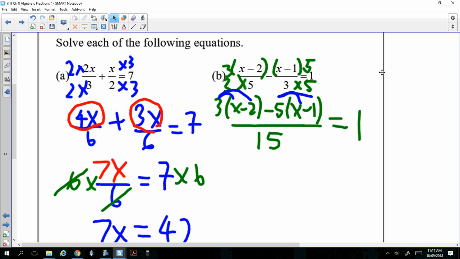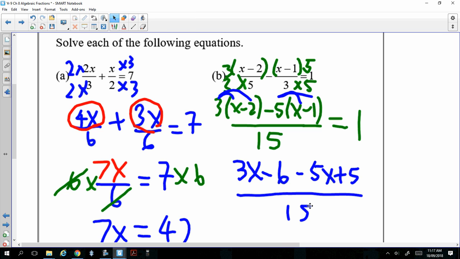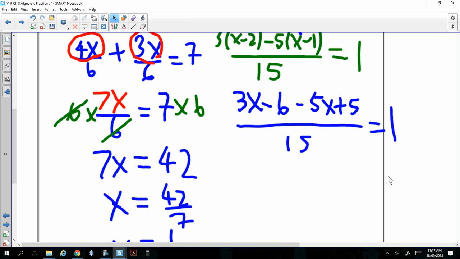So you get 3x minus 6 minus 5x plus 5. Be careful, the double minus becomes a plus, over 15 equals 1. What's the next step? Collect like terms. If you collect like terms, what do you get?